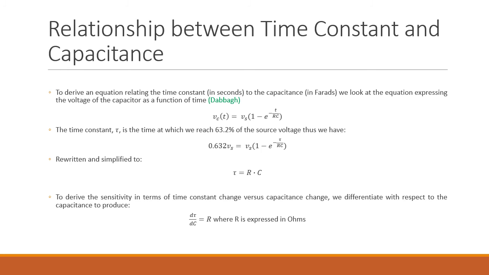Thus, if we assume that the capacitor is fully discharged at first, i.e. voltage equals 0, when time t equals tau, or the time constant, we have that the voltage reached by the capacitor equals 0.632 of the voltage source, as expressed by the second equation. Rewriting this equation, we have that the time constant is equal to the resistance of the resistor in the RC circuit multiplied by the capacitance of our capacitor.